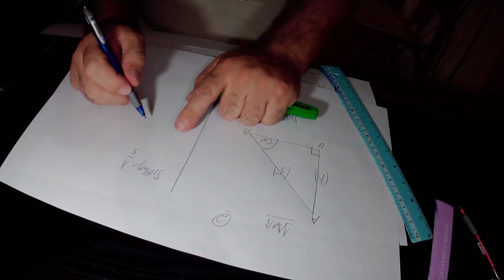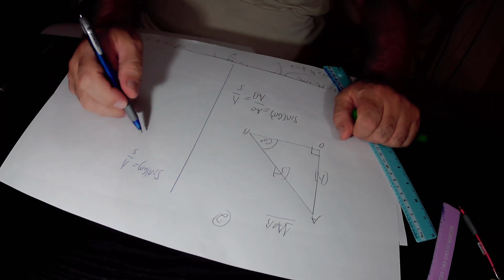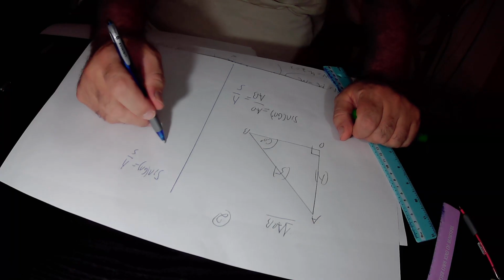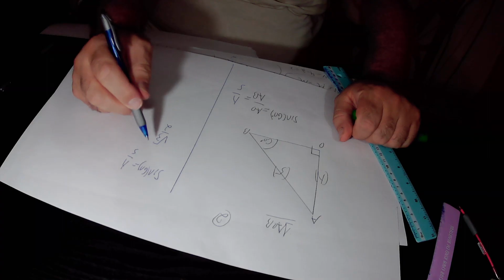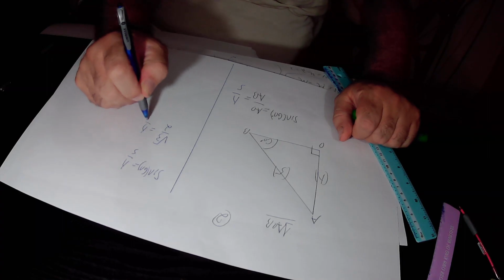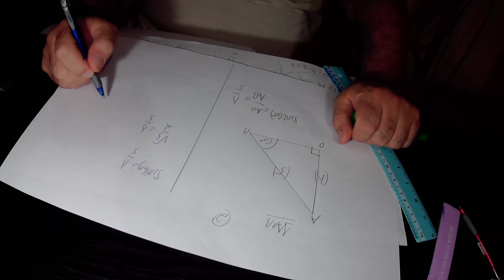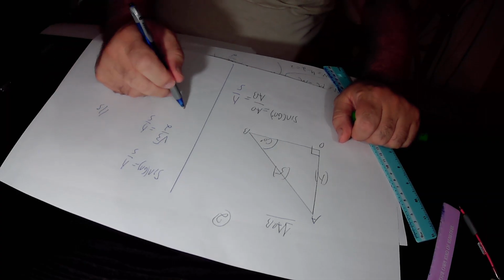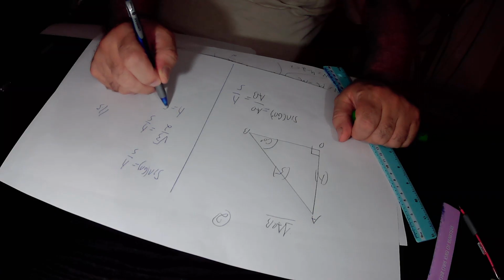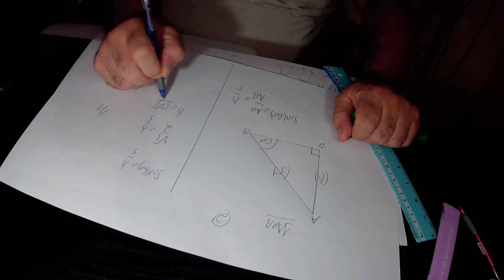Sine 60 degrees is square root of 3 over 2. So we substitute sine 60 degrees by square root of 3 over 2. So in total, square root of 3 over 2 equals H over 5. Here we multiply this equation by 5. And here H equals 5 times square root of 3 over 2.